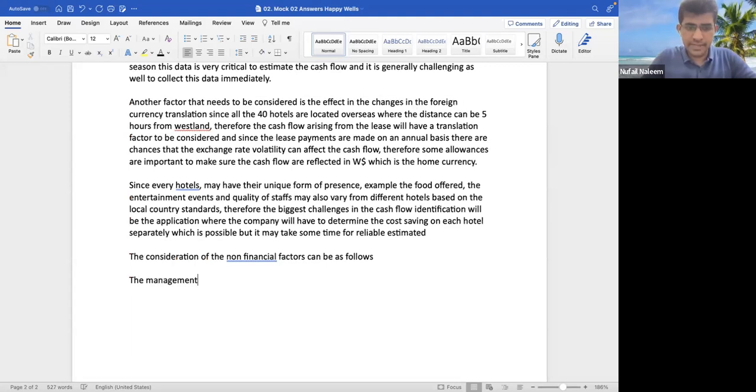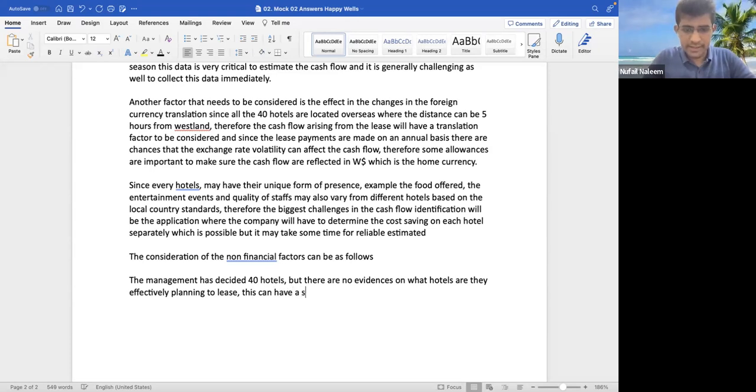The management has decided 40 hotels, but there are no evidences on what hotels they are effectively planning to lease.